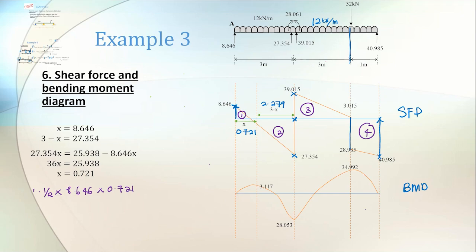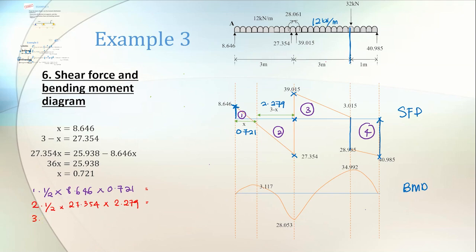For number 2, 1/2 times 27.354 times the width, which is 2.279. And number 3, this is a trapezium.